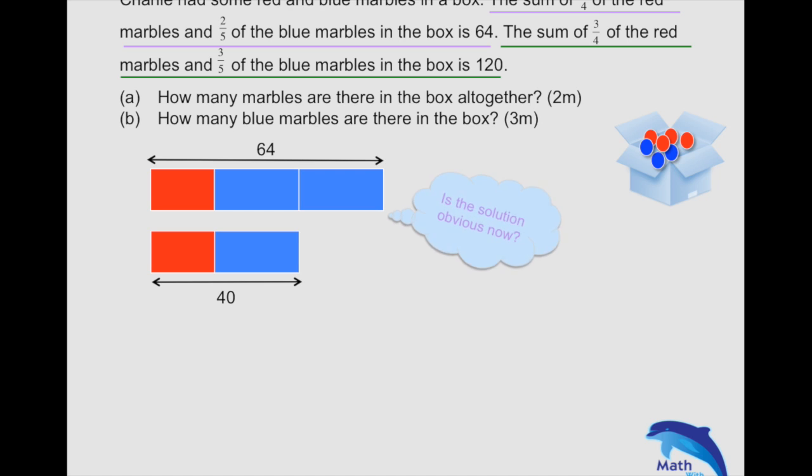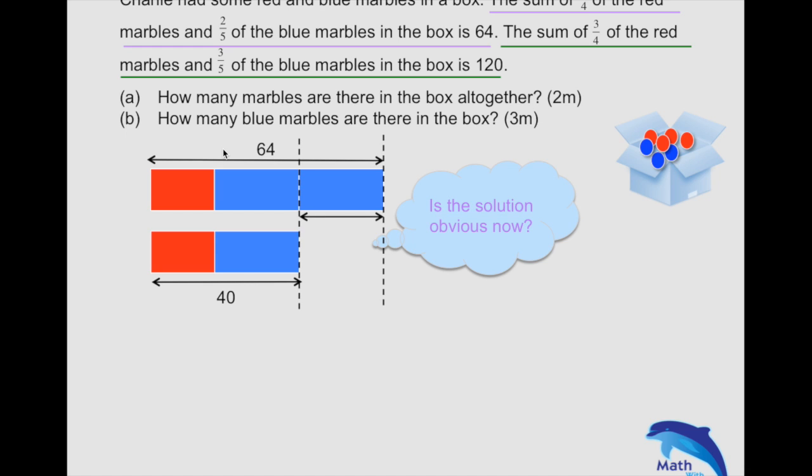And now the solution becomes very obvious. By holding the red the same, you can now attribute the difference in the value, 64 and 40, to the difference in the number of blue blocks. You can find your answer easily.